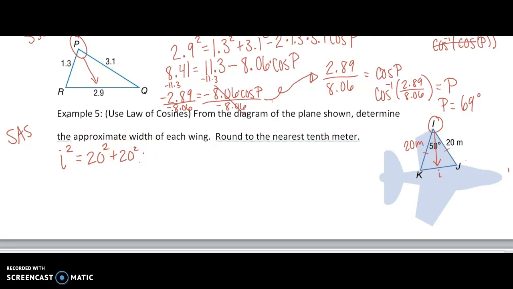So 20 squared plus 20 squared minus 2 times one of the sides that forms angle I times the other side. So here 2 times 20 times 20 times the cosine of my angle. And I look back at my diagram and I see, oh, I know the angle is 50 degrees.